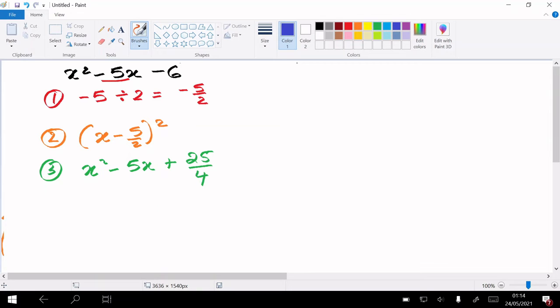And step 4 is to see how you can go from plus 25 over 4 to minus 6. Feel free to use a calculator if you want.